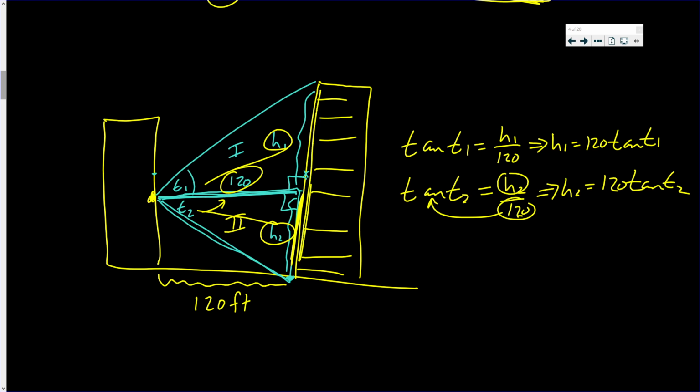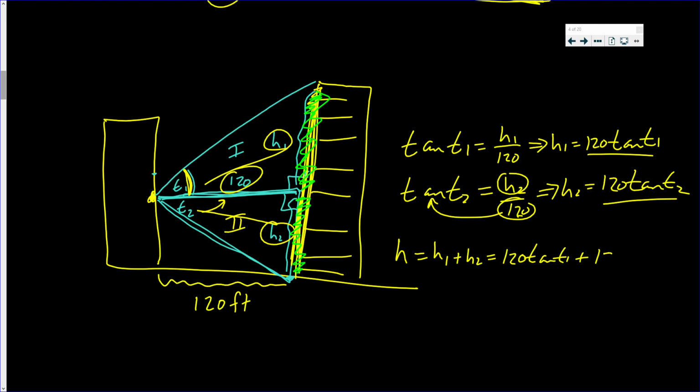Now, the total height of the building, I hope is clear. It's H1 plus H2. So let H be the height of the building. So H is H1 plus H2, but H1 is 120 times the tangent of this angle plus H2, which is 120 the tangent of that angle.